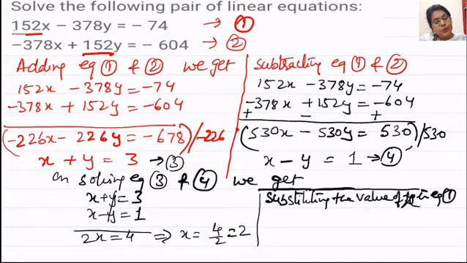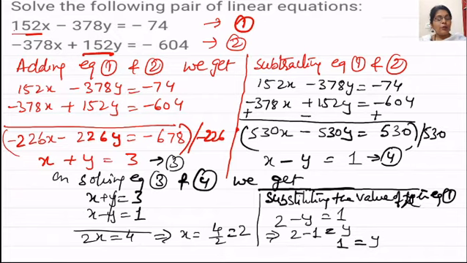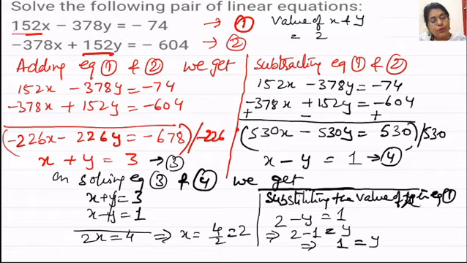So value of x is 2, here minus y equal to 1. What, y will be transposed there? So 2 minus 1 equal to y. So what do we get? 1 equal to y. So the value of x and y is x equal to 2 and y equal to 1.